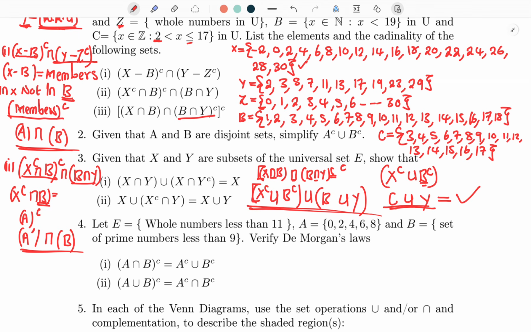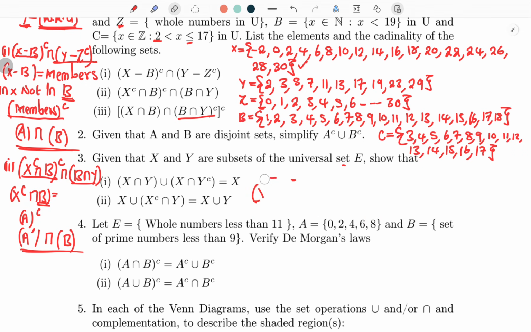Okay, let's see what question 2 is simply saying. So question 2 is a very interesting question. It's saying, given that A and B are disjoint sets, simplify A complement union B complement.